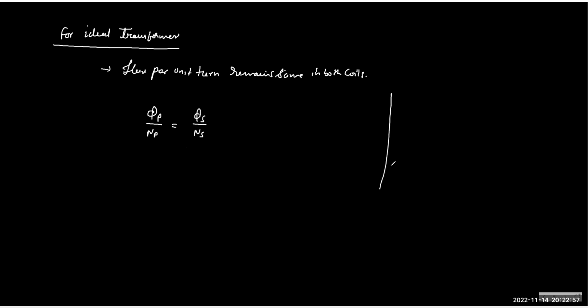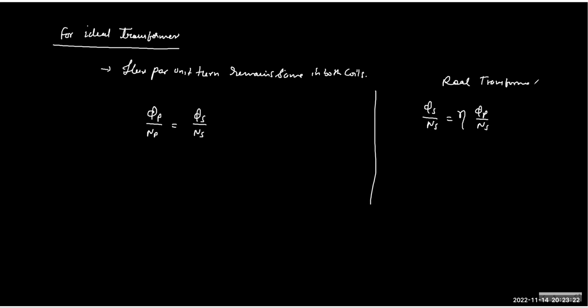In the real world, the flux per turn in the primary could be some factor of the other, or you can say the opposite. If there is a loss of flux, then we can say the flux per turn in the secondary is some fraction of the flux per turn in the primary. So there will be some relationship. For a real transformer, the base equation will change like this.